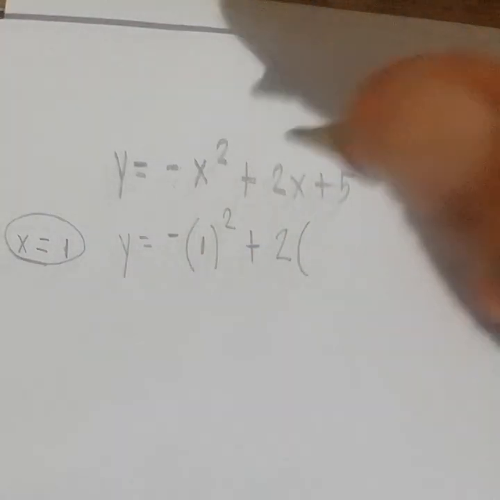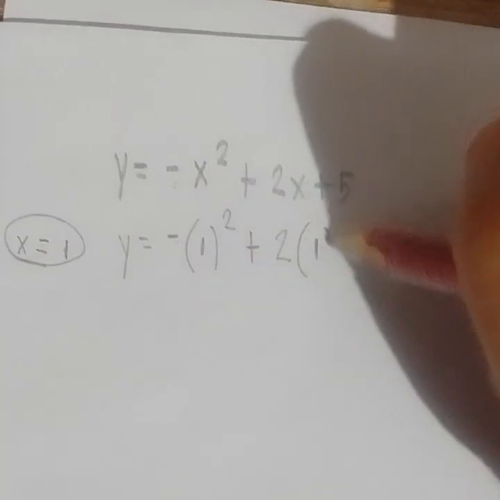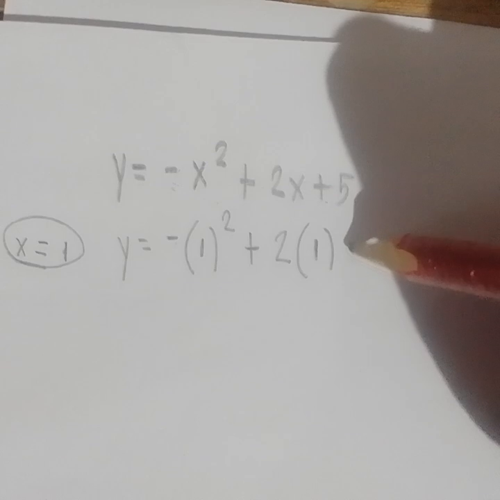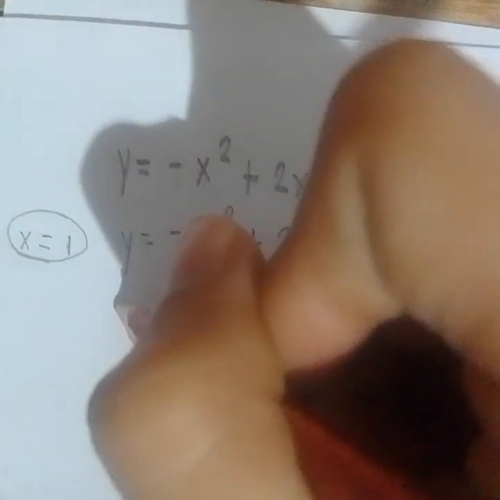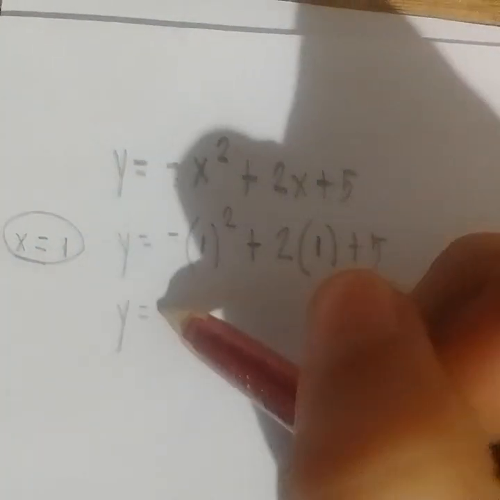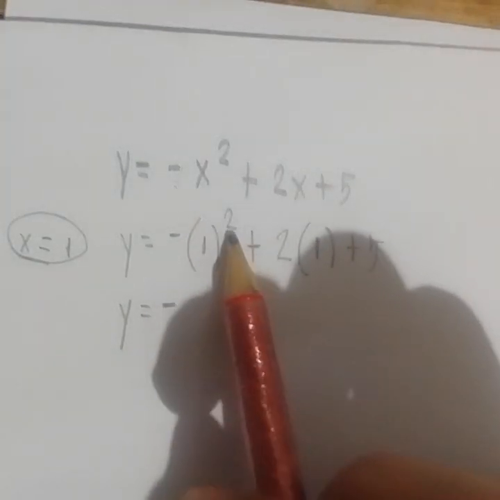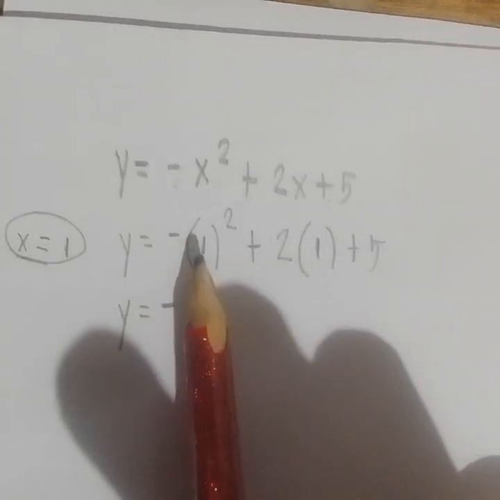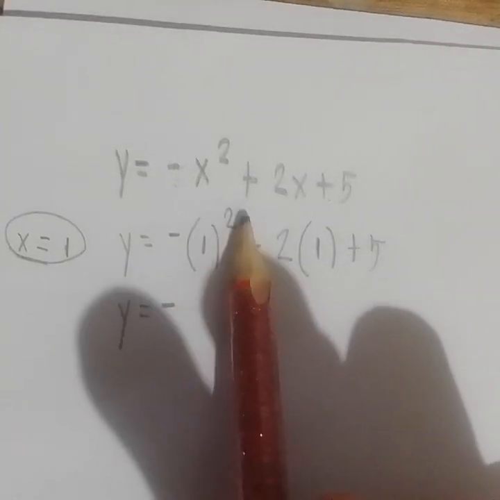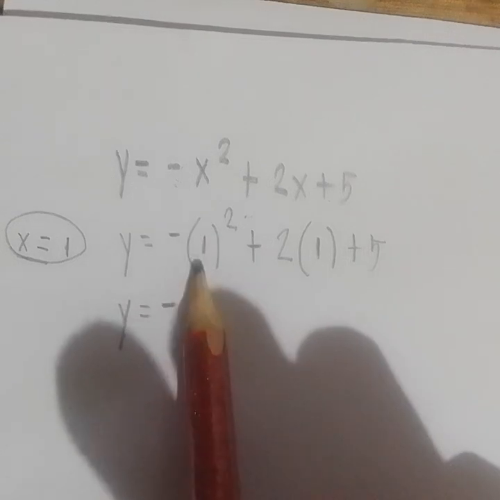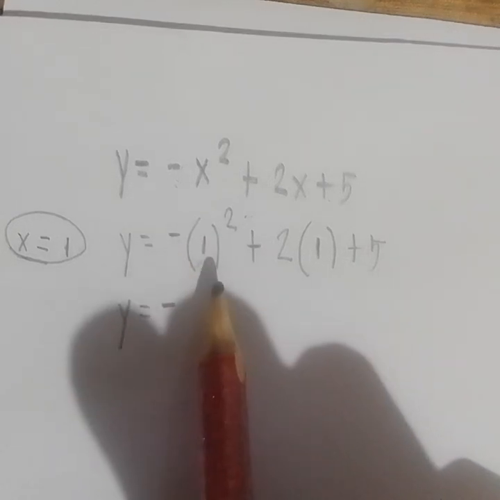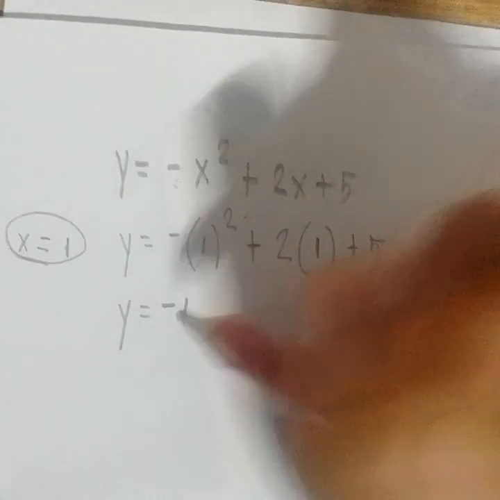So we have here again 1 as our x, then proceed to the last term plus 5. Next, simplify, y is equal to negative, and we will get the answer of 1 squared. The base is positive 1 to the power of 2. 1 to the power of 2 is still 1. 1 times negative 1 is negative 1.